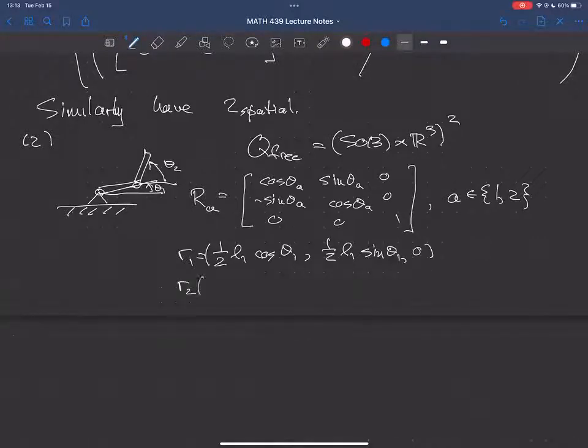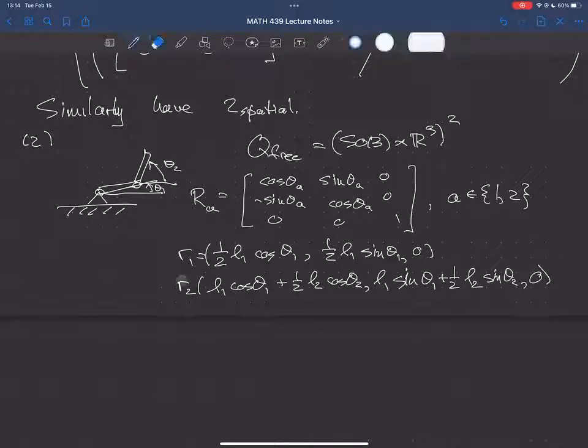And then little r2 was L1 cos theta 1 plus 1/2 L2 cos theta 2, and then L1 sine theta 1 plus 1/2 L2 sine theta 2, 0.